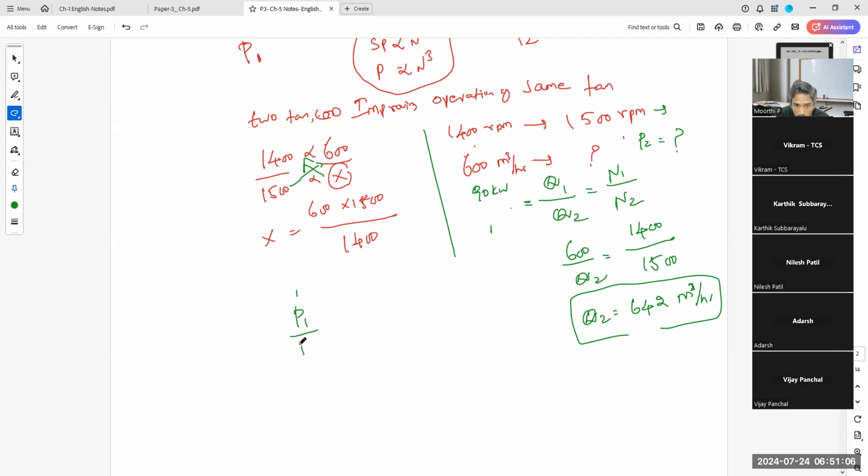P1 divided by P2 equal to N1 divided by N2, the cube, na? We can write it like this also: N1 cube, N2 cube. Can you understand this one? Quickly tell me, na?